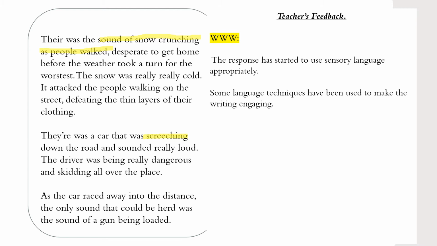That is why when you look at the feedback, instead of saying they've used many or a judicious range, we get words like some or started. All of this implies that even though the learner has started to use some of these good techniques and they're on the right track, they're not really where they need to be in order to get full marks for the exam response.